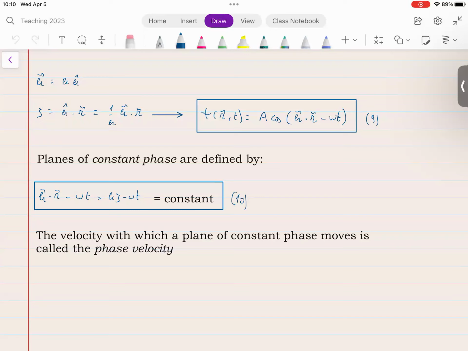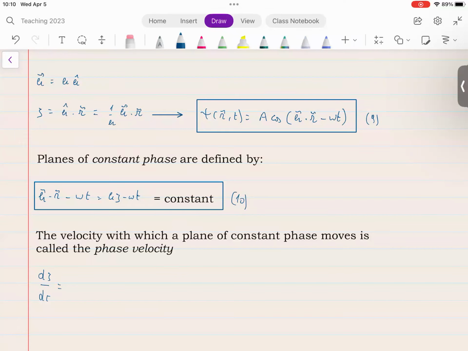And you can see it from up here. All I have to do is take the derivative with respect to time of equation 5, that is d zeta dt.